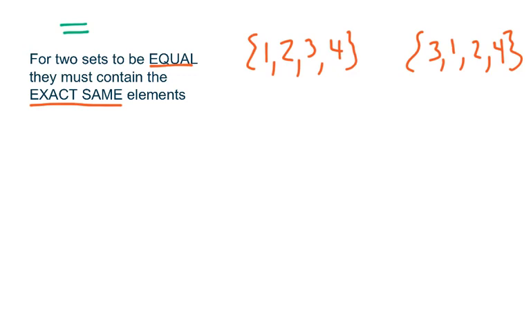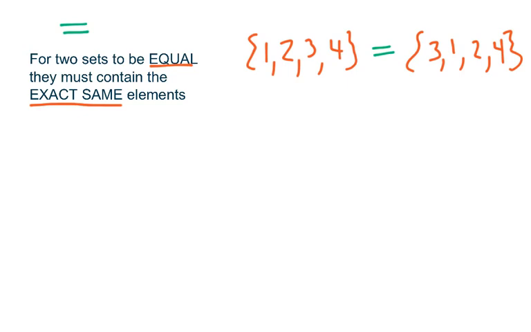Now the elements aren't written in the same order, but would these two sets be considered equal? Well, they do contain the exact same elements, so yes, they are equal.